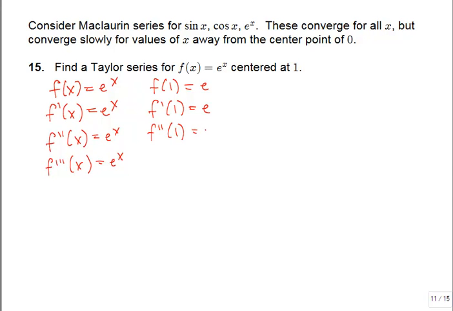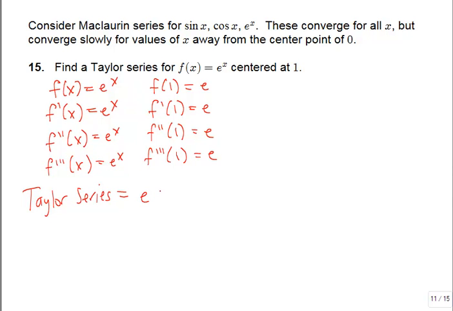Now remember, these derivative values become your coefficients in your Taylor series. So to find our Taylor series, we're just going to use each of these derivatives as our coefficients, and we want to keep in mind that we're centering this at 1. So our very first term is just going to be what f of 1 is, which was e in this case.